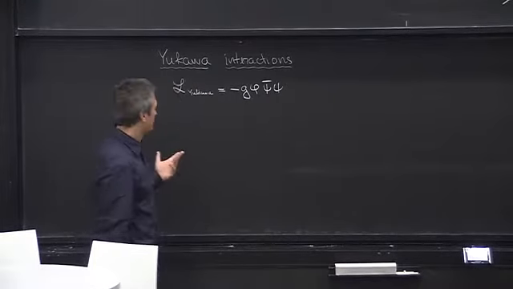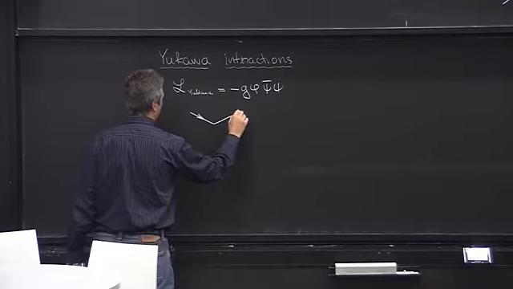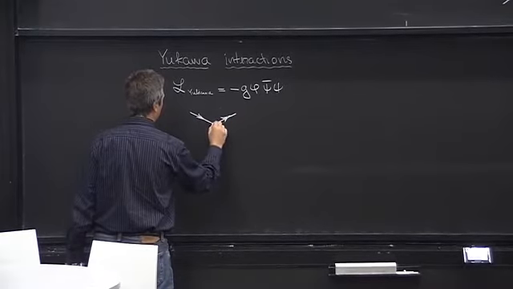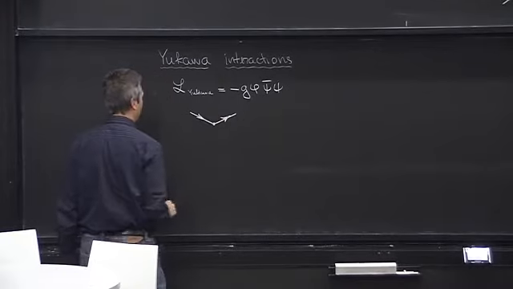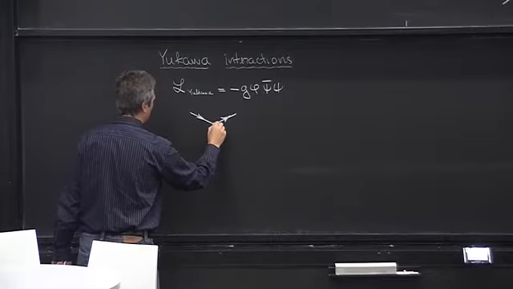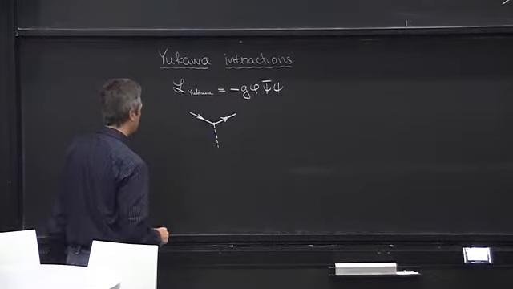Well, the interaction Lagrangian determines what are the vertices of interaction, right? So here at each vertex, we will have one fermion line coming in, one fermion line going out, and the scalar line joining this vertex.